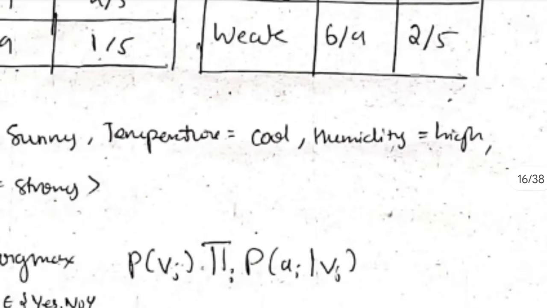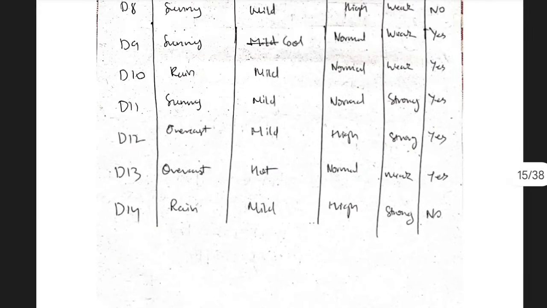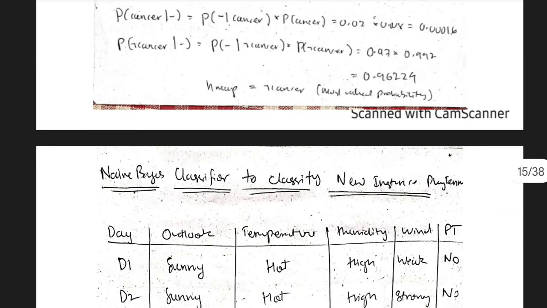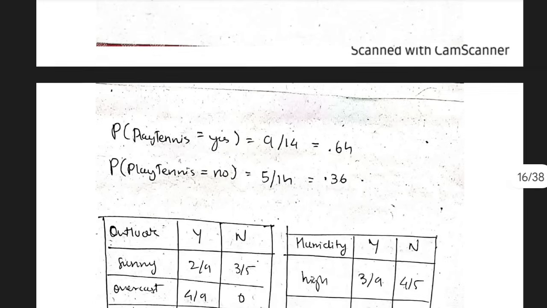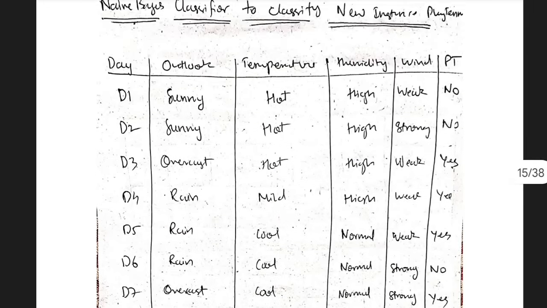You have to consider what this probability is based on the others. Based on that, we can tell the probability that this much probable the person will play, and this much probability is there that the person will not play. Got it? So that's what we'll be doing here. The first thing you have to calculate is what the final output we need is.